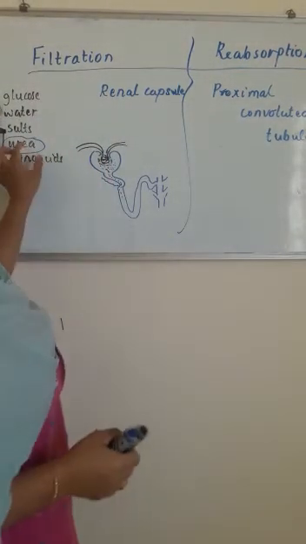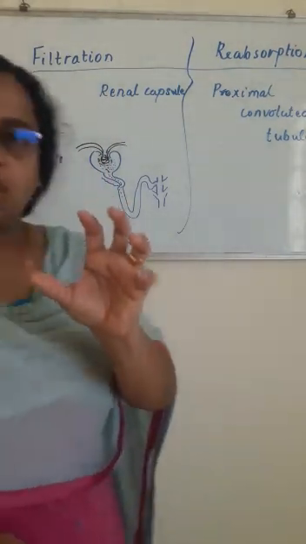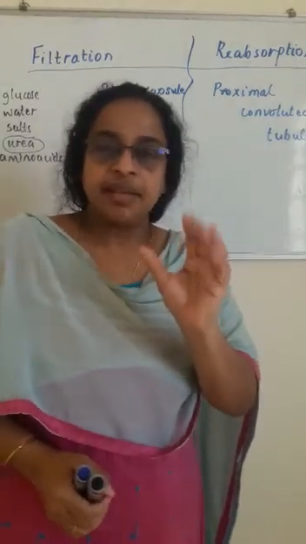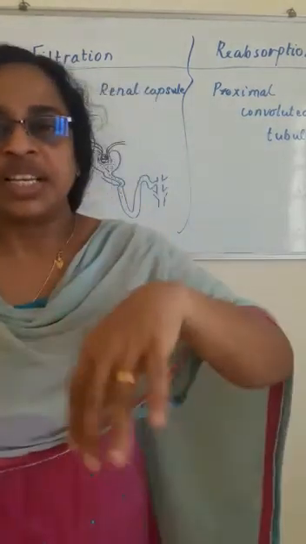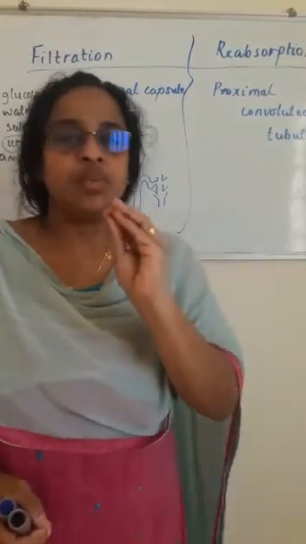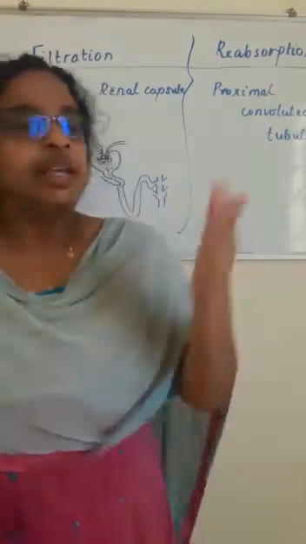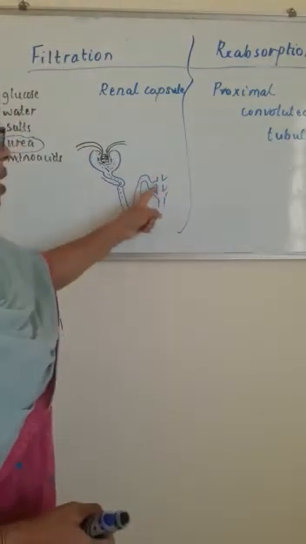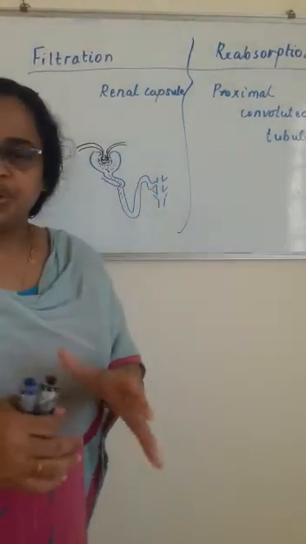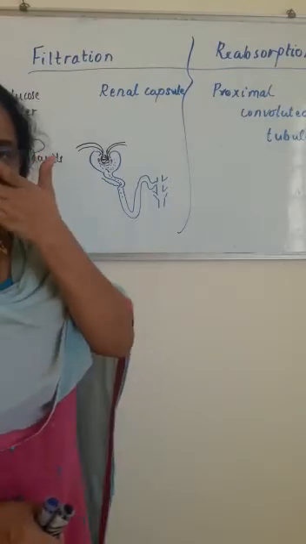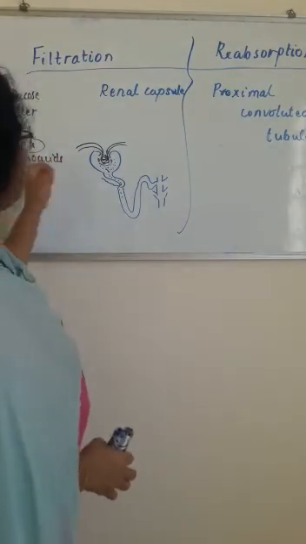Only urea with some water, because urea needs some water to get dissolved, and also some unwanted salts will be taken into the collecting duct, and it will go to the urinary bladder and be excreted. So this is the only thing.